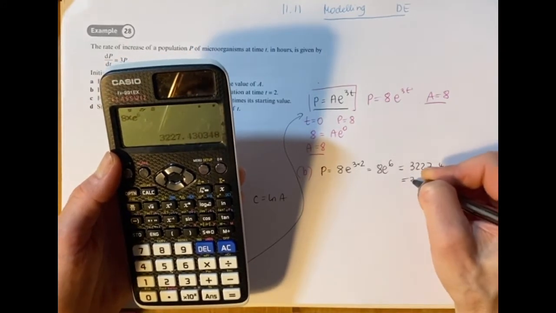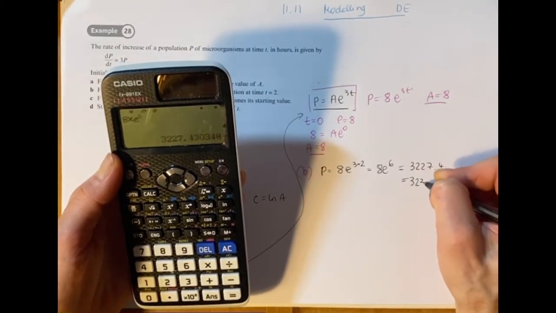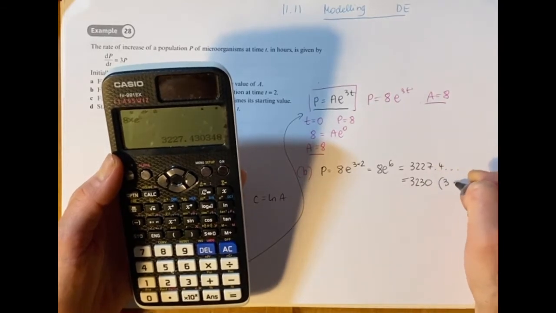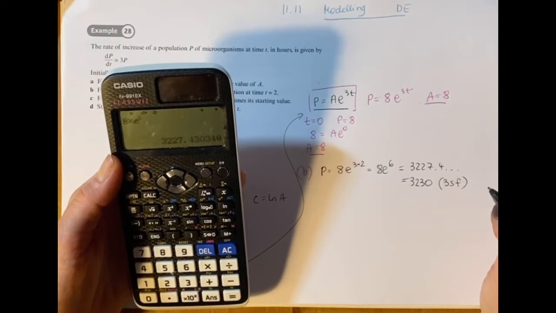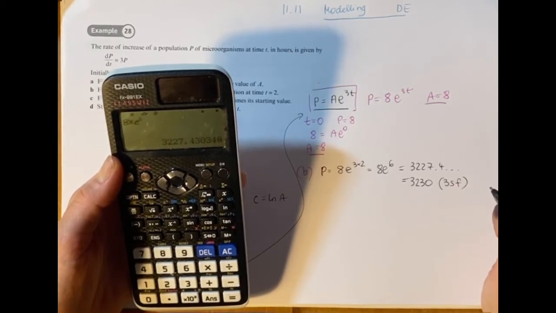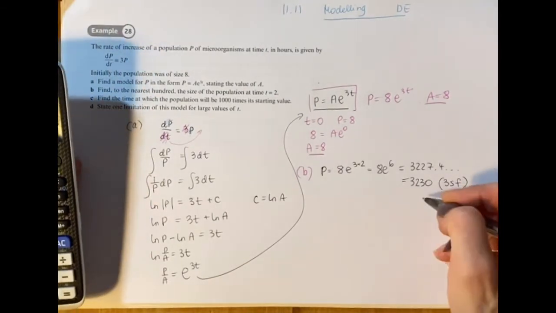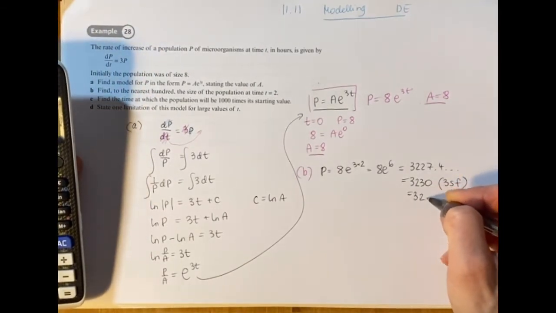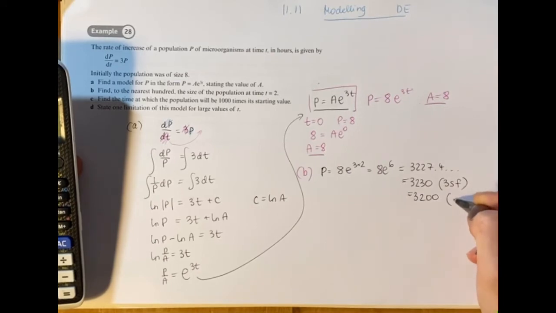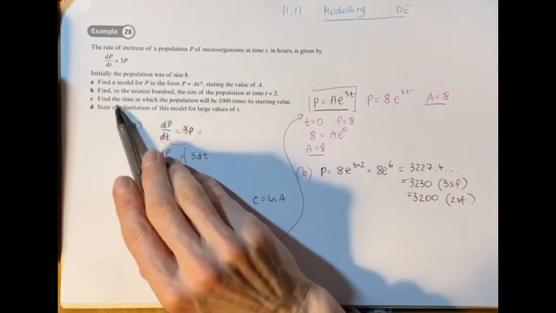Obviously, we'll write it to 3 significant figures, unless they tell you to do something else, which they haven't. So, oh no, to the nearest 100. So it's 3200, which is to 2 significant figures, the same as to the nearest 100.